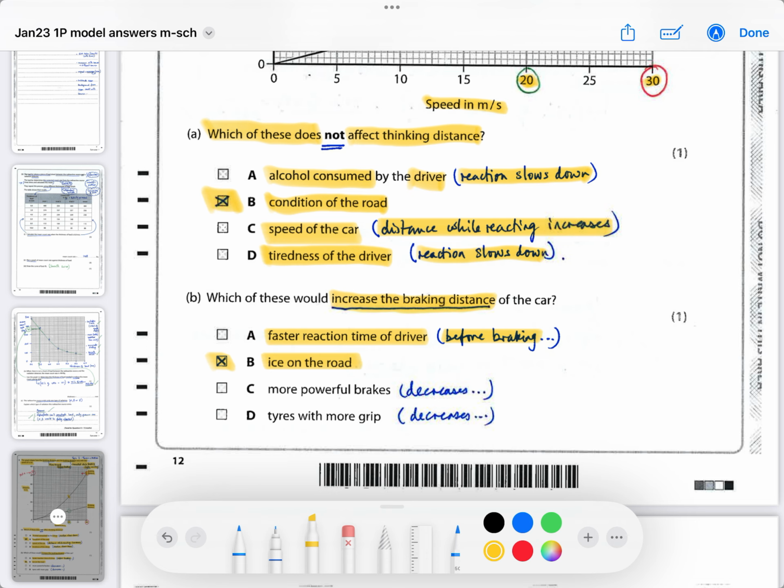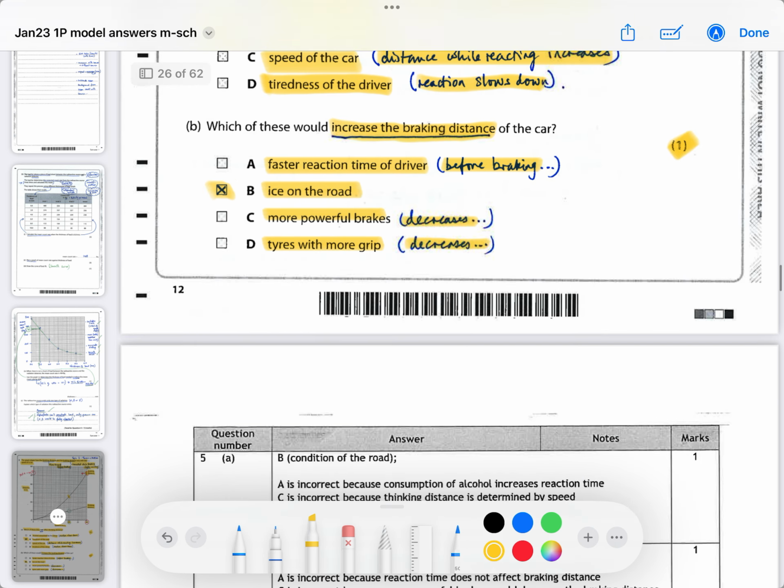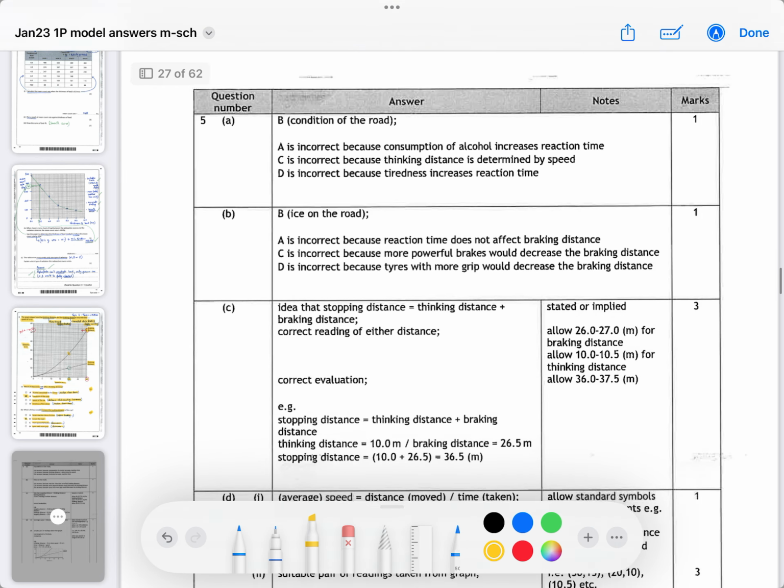Let's just go through them. More powerful brakes will decrease the braking distance. So don't get confused. And tyres which have more grip, better tyres, will also decrease your braking distance. So the answer is B for these 2 marks. It's a very common question in paper 1.